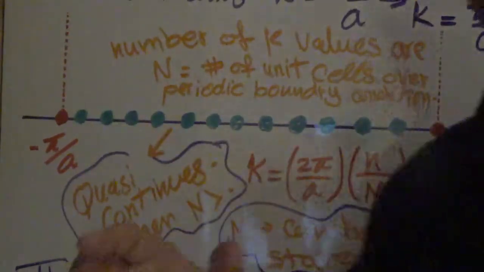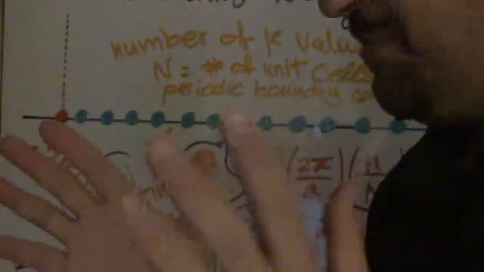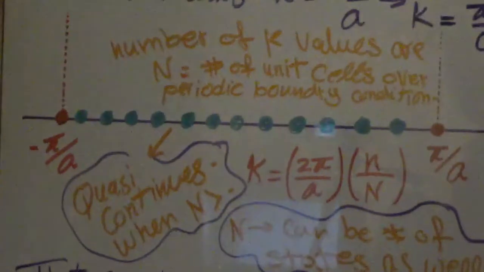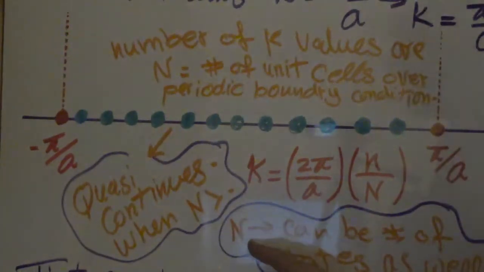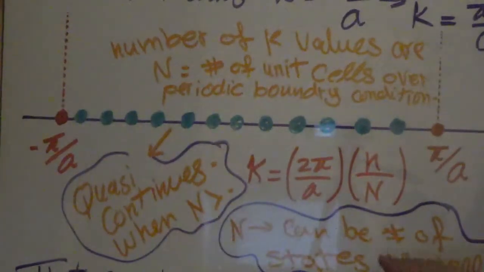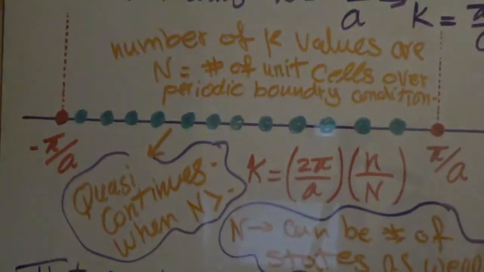But when N is very small, you can see that we have a discrete system again. This number N can also be considered as the number of states, so you can call the number of states by N. That's possible.